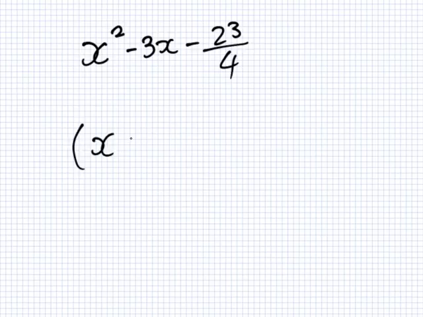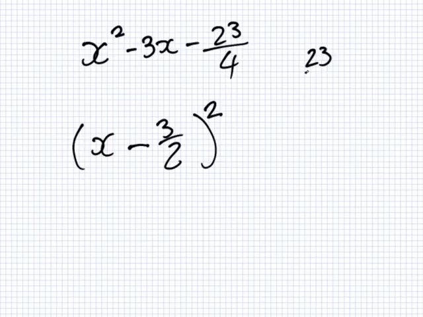So what do I need first? Half 3. Yeah. So what do I have next? 3 over 2, plus or minus? Minus, squared. And then here I need 23 over 4 plus or minus? Minus 9 over 4.